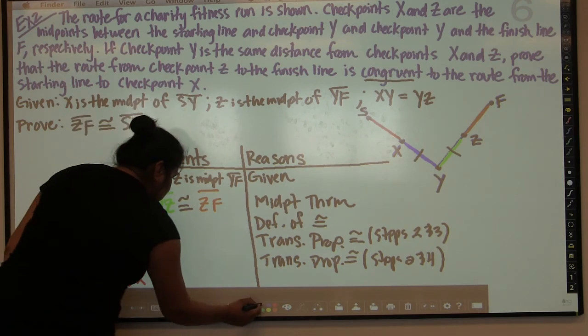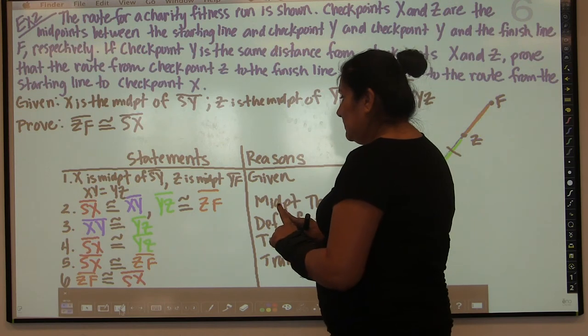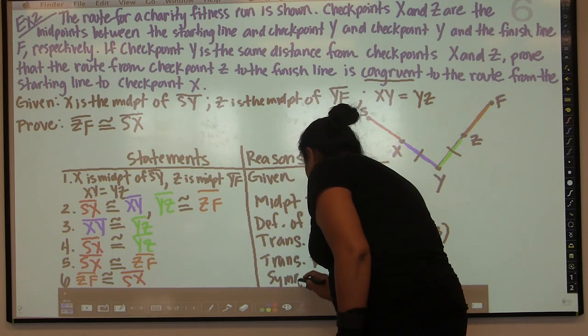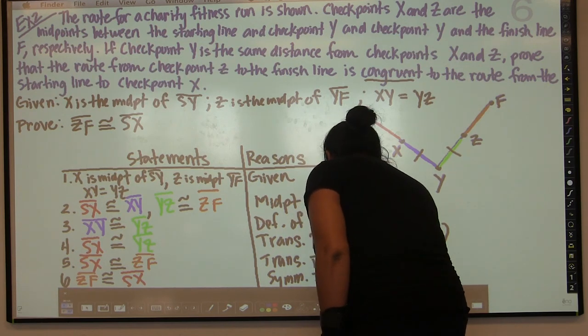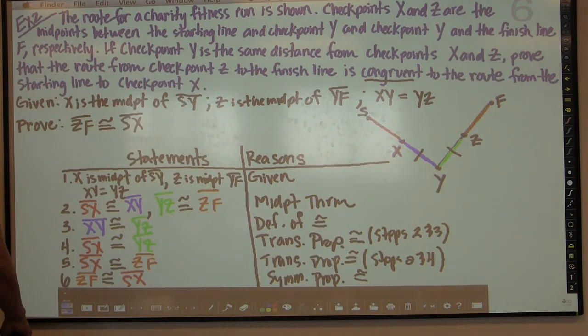Basically all I did is reverse the order, and that is the symmetric property of congruence that we saw earlier. All right, and that is how you would complete this proof.